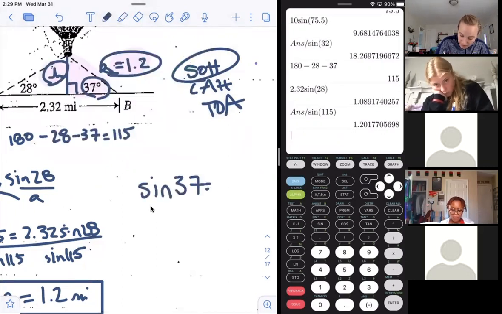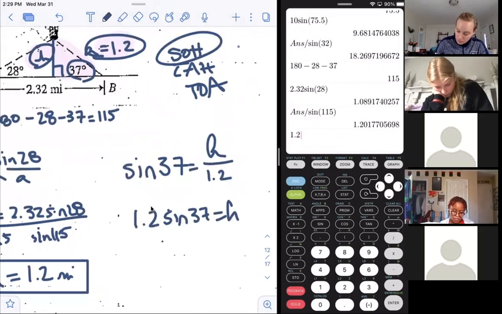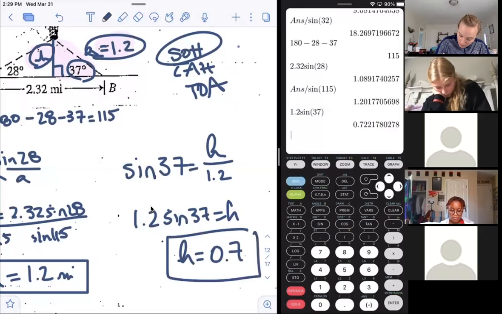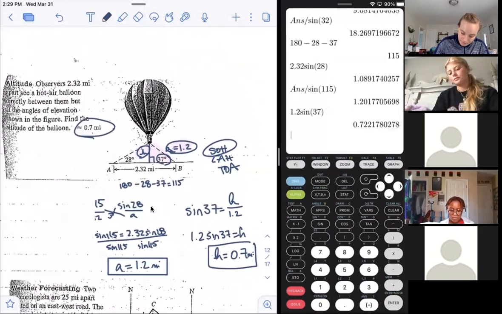Sine of 37 equals h over 1.2. 1.2 sine of 37 equals h. Plug and chug. And height equals 0.7 miles.